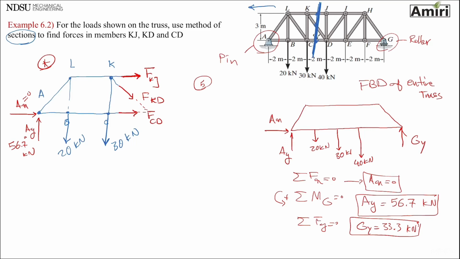So let's see. Now I have 3 unknowns: sigma Fx, sigma Fy, and sigma moment. I'm going to use sigma moment, summation of moment about what point? If you remember, I told you that you can take summation of moments about any point. I like to take about point D, which is here.